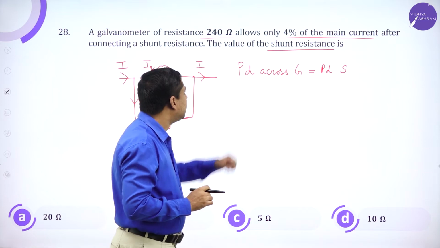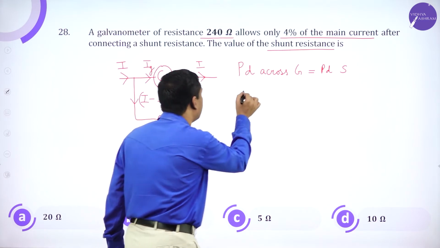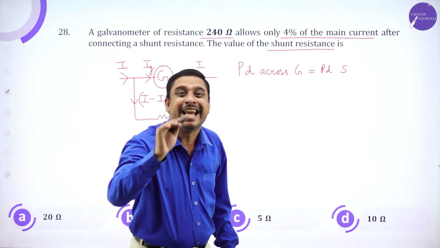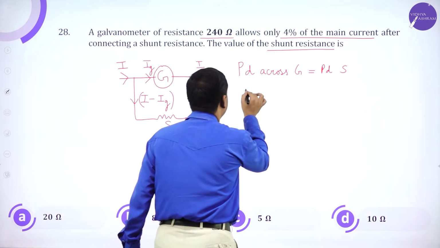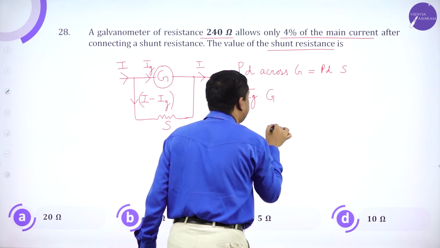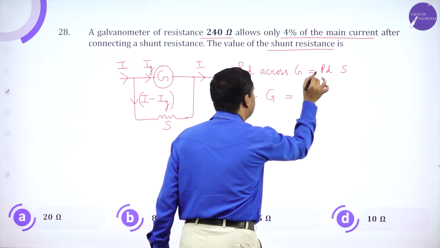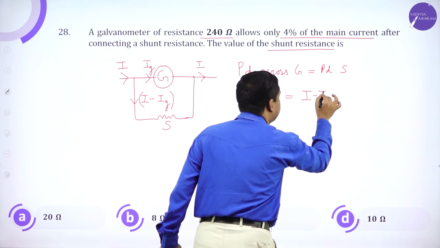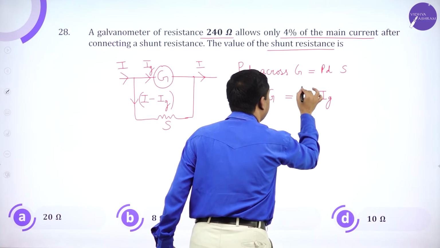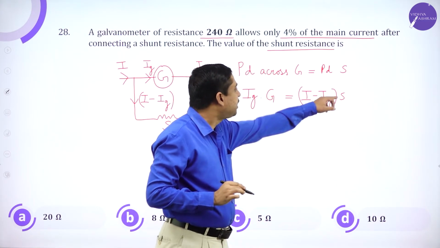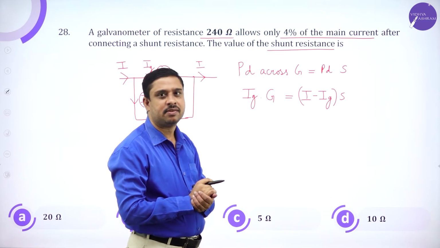What is the current flowing through the galvanometer? See, potential difference, Ohm's law, I into R. So this is Ig into G equals (I minus Ig) into S. I want the value of S.